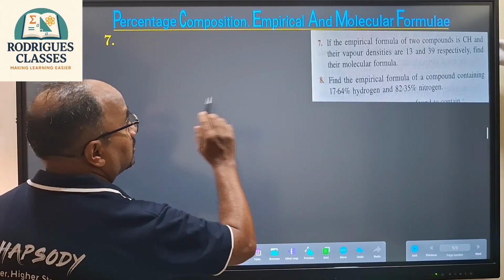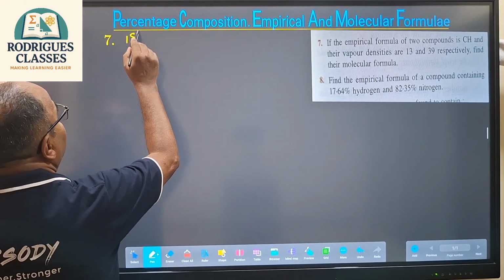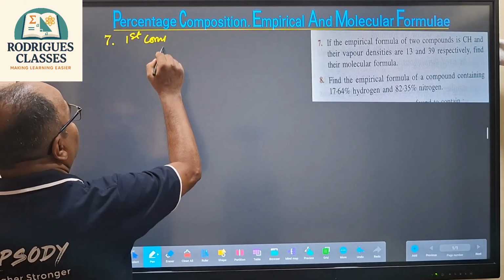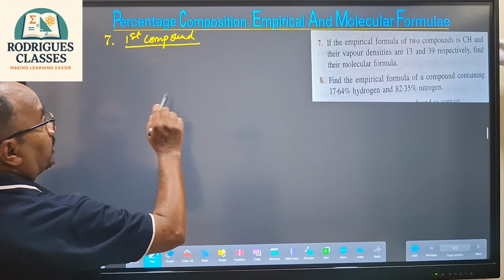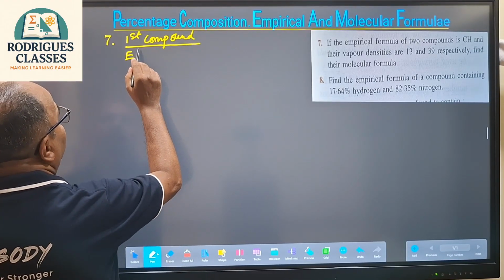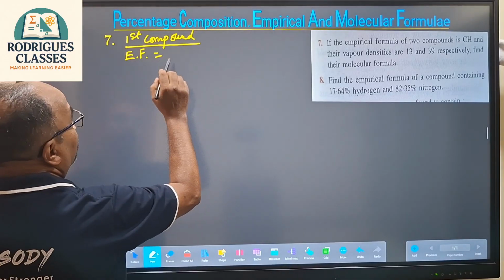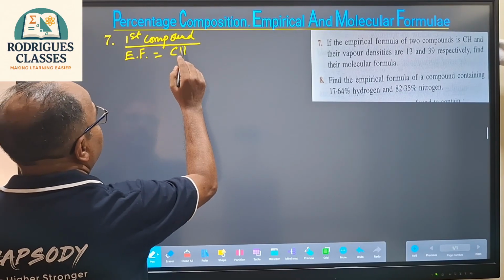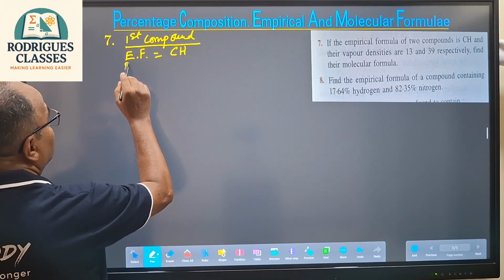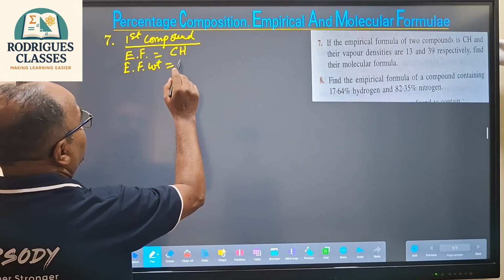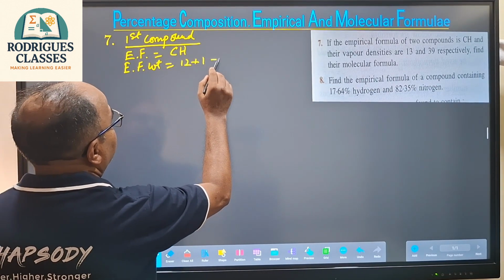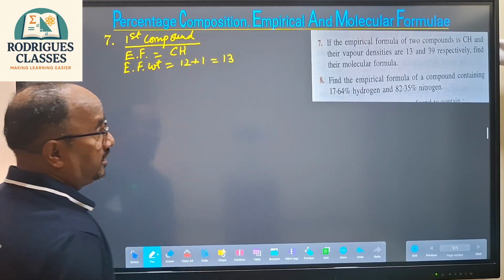So first, the first compound, the empirical formula, I am writing it as E.F. is CH. So I should know now the empirical formula weight. So carbon is 12, hydrogen is 1, you get it as 13.